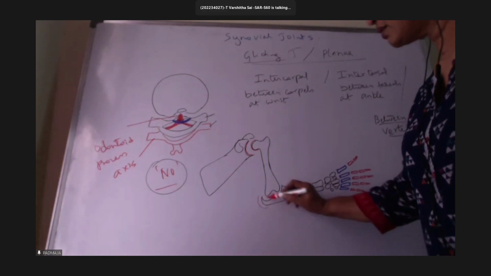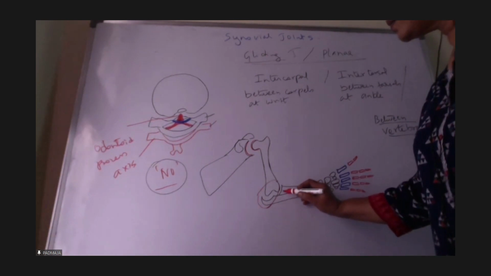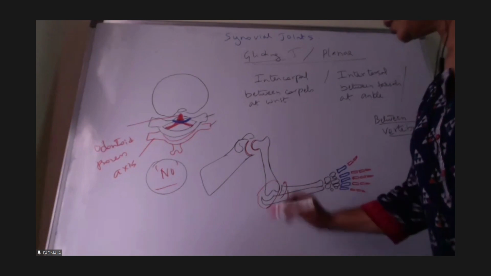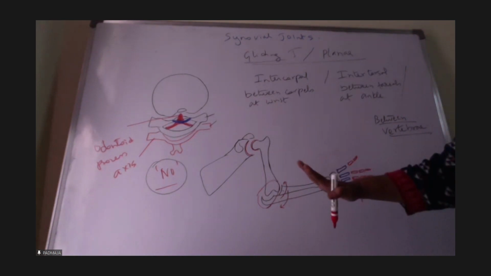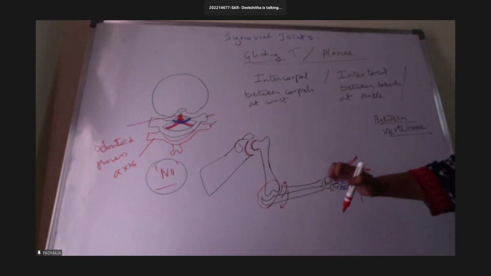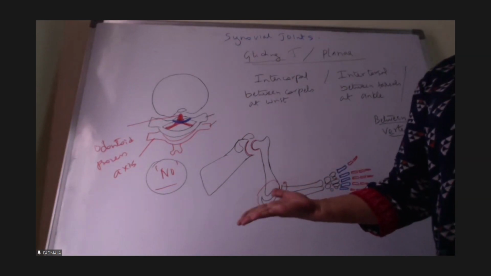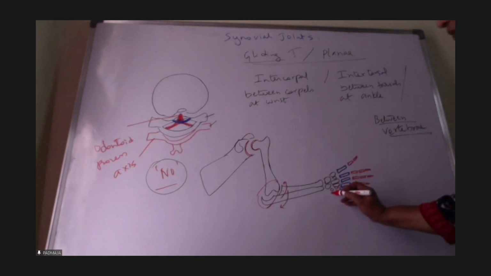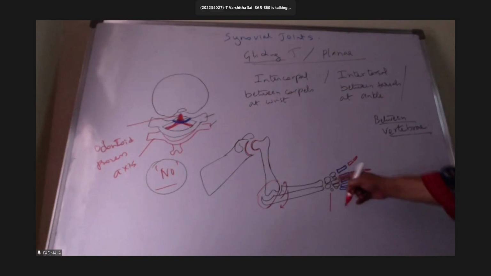Hinge joint, ma'am? Here, pivot, good. Gliding. Pivot joint, only one side we can fold. Hinge joint, good. Gliding joint.